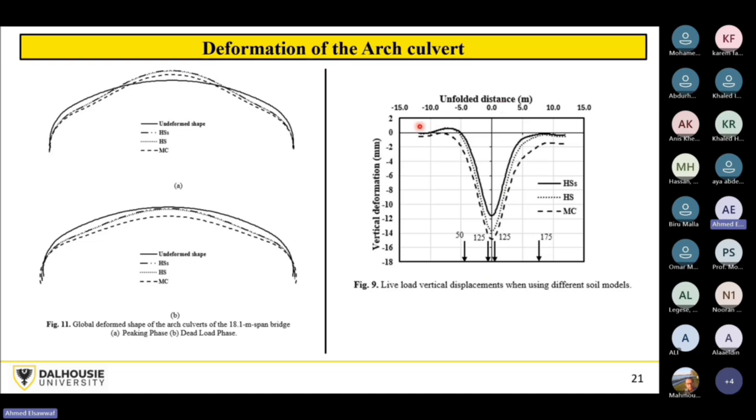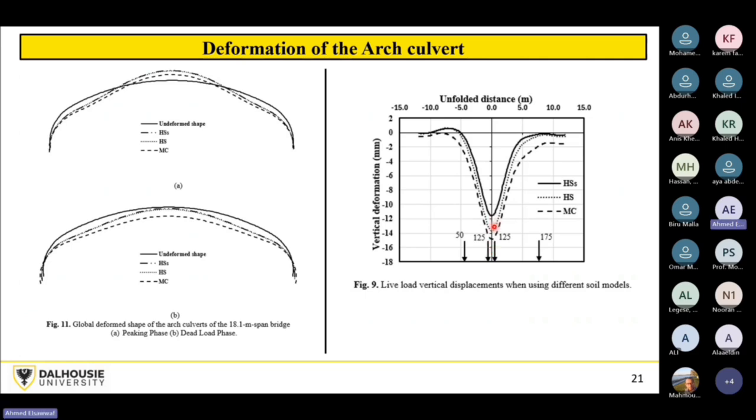You can see here the relationship between the unfolded distance of the whole arch and the vertical deformation. You can see that again, the Mohr-Coulomb model is overestimating the downward movement due to the truck loads.